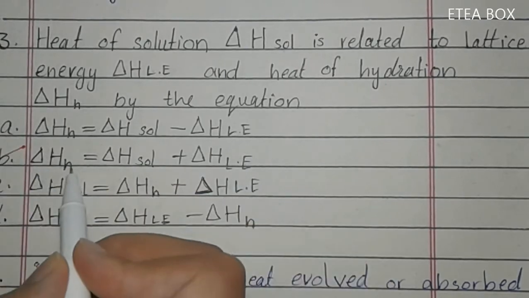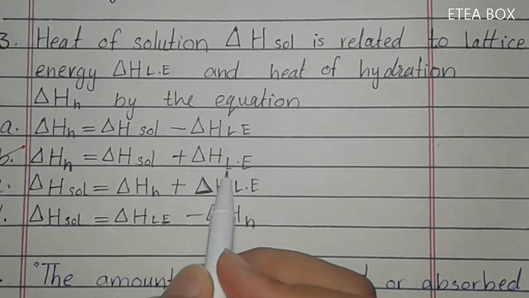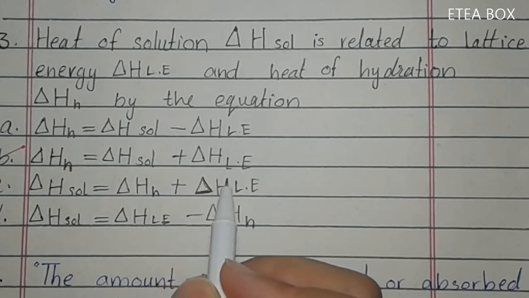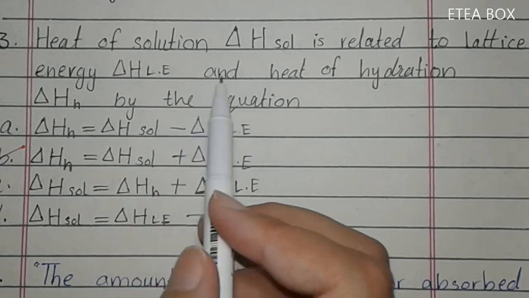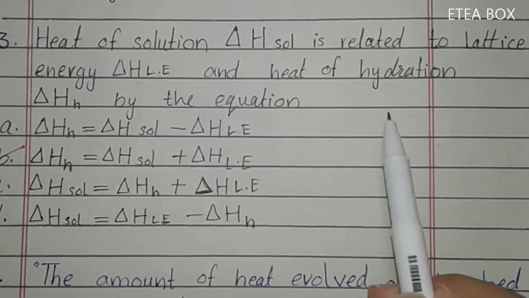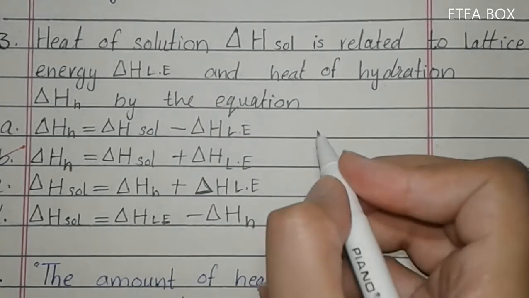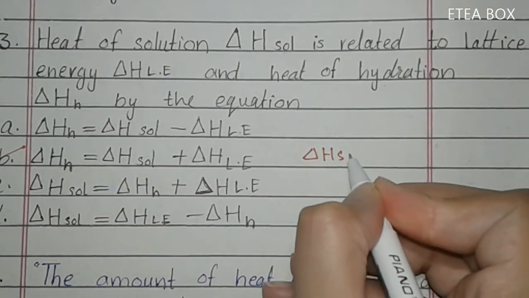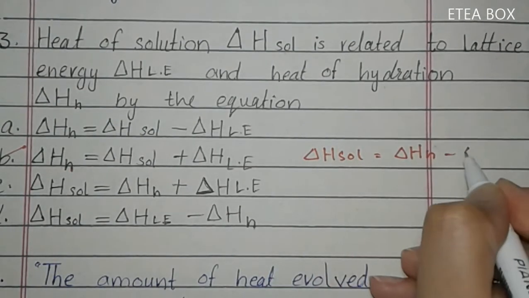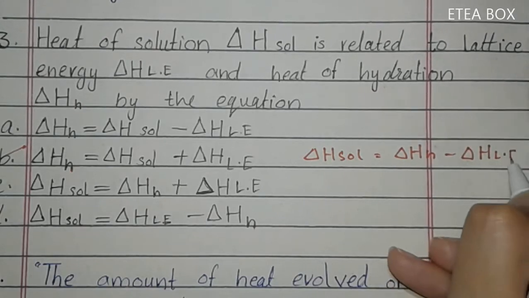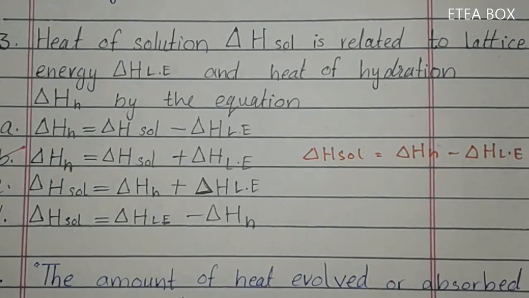Heat of hydration is equal to heat of solution plus lattice energy. This is the formula for the relation of heat of solution, lattice energy, and heat of hydration. You can also write it as heat of solution is equal to heat of hydration minus lattice energy. Here option B is correct.